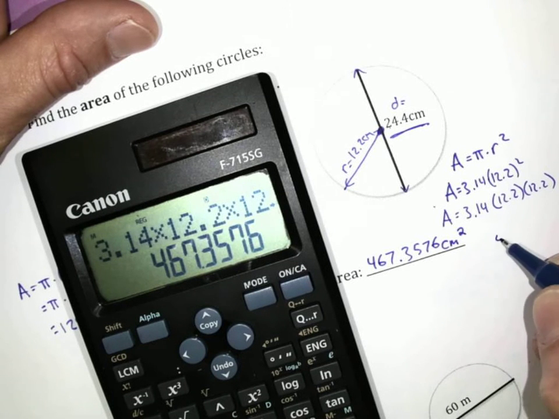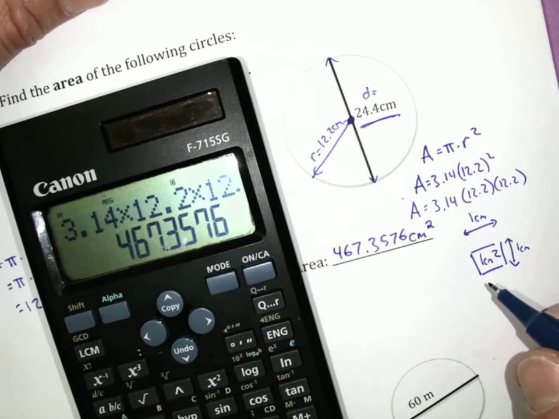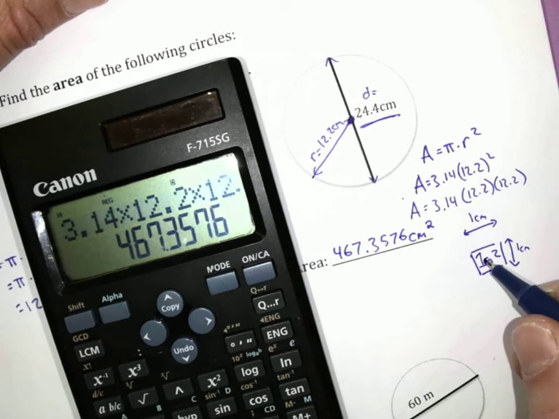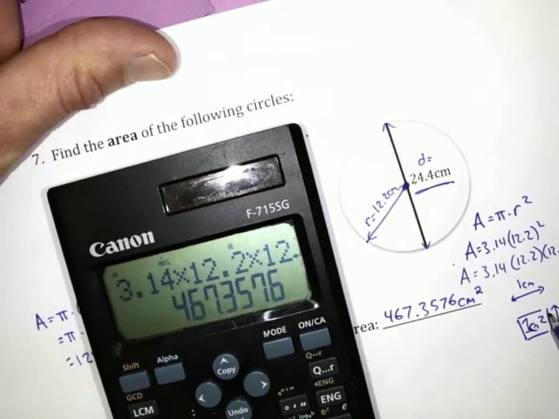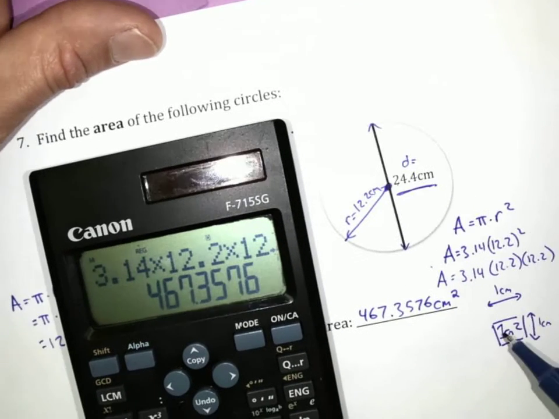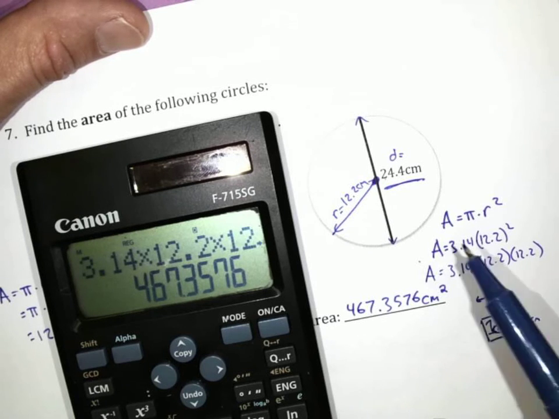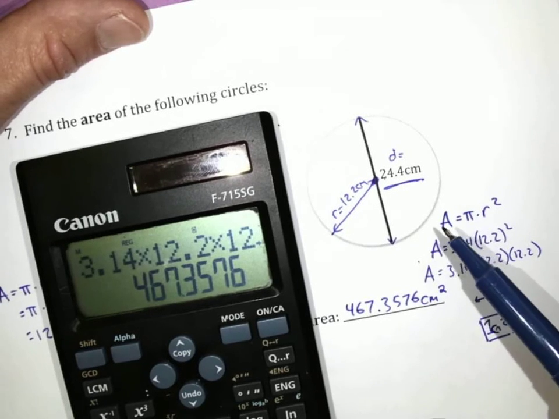Just to remind us, if this is 1 centimeter, a square centimeter looks like this. That's 1 centimeter by 1 centimeter, and that's what we're really counting here. Obviously this circle is not to scale, but if it was, we could fit 467 of these square centimeters inside it to cover that area.